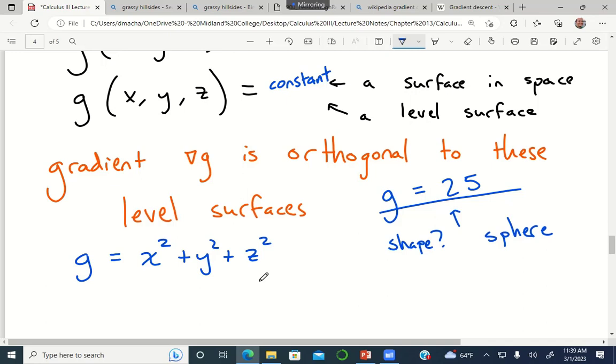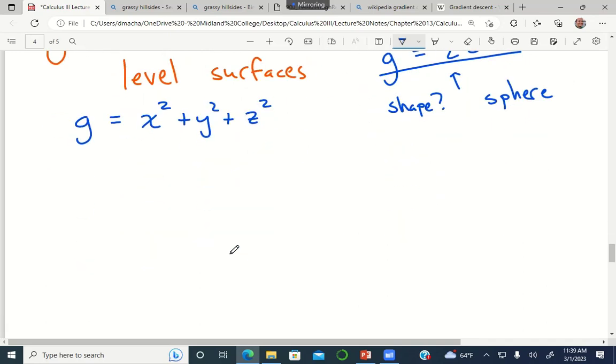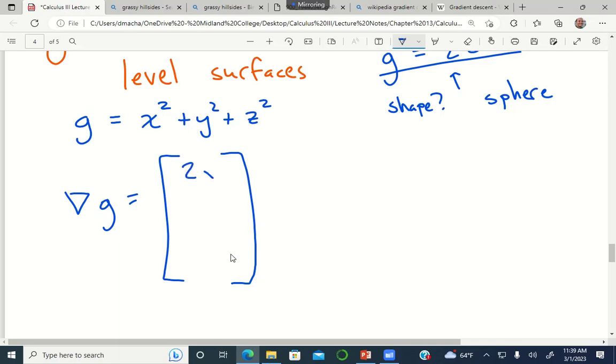So if you were to take the gradient vector of this function g, gradient g would be a three-dimensional vector, and it would be the partial of g with respect to x, which would be what? 2x.